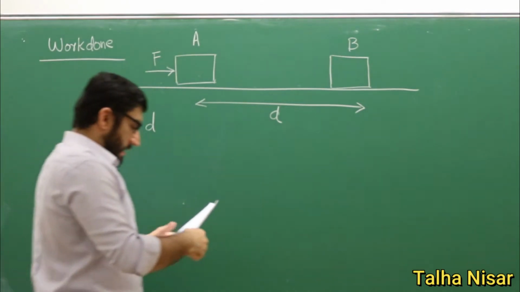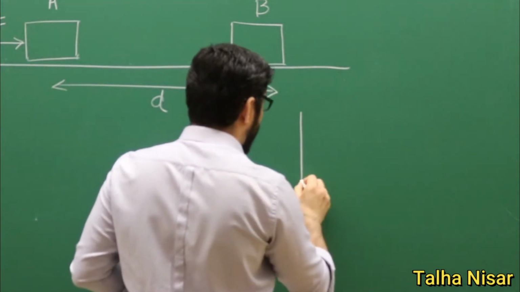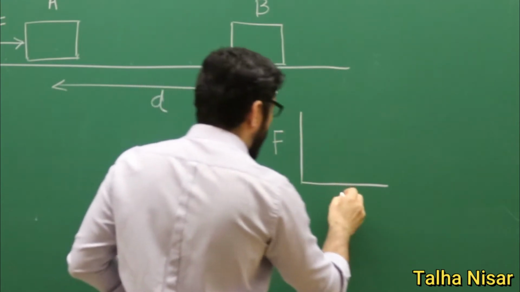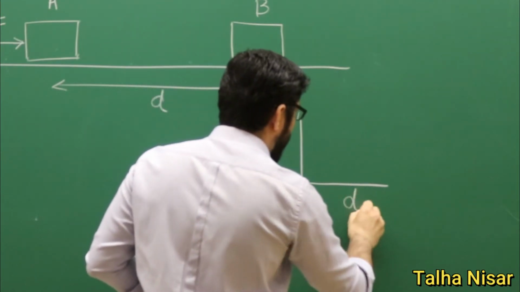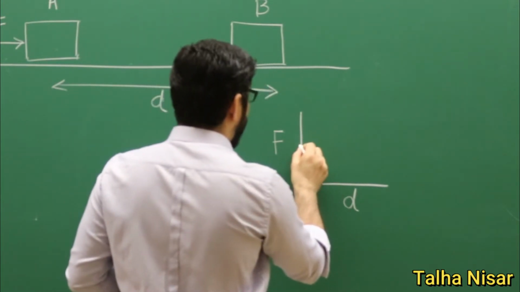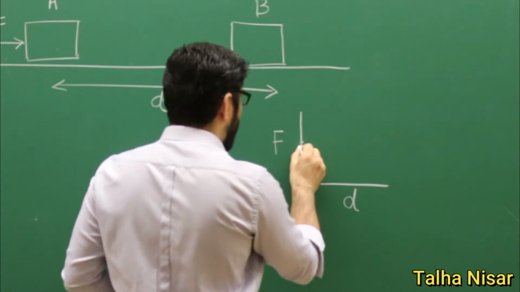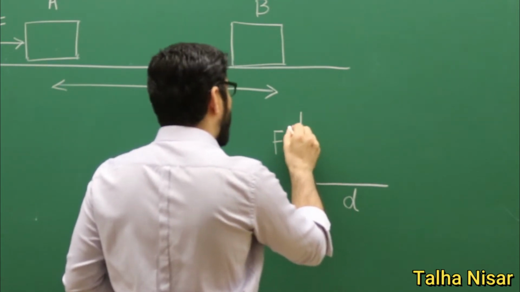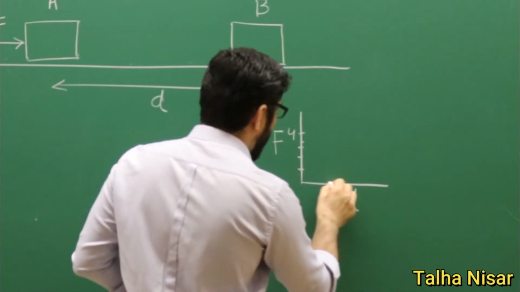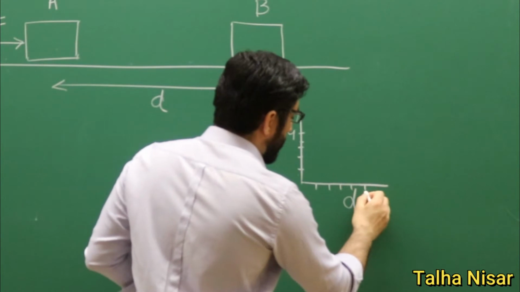Graphically, for example, on the y-axis we have the force, and on the x-axis we have the displacement. Say we have 4 newtons of force applied, and the body covers 5 meters.